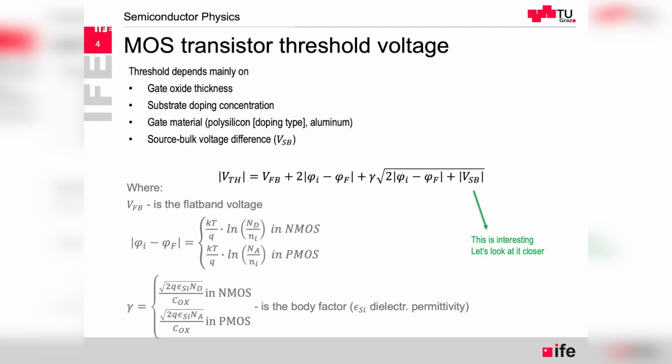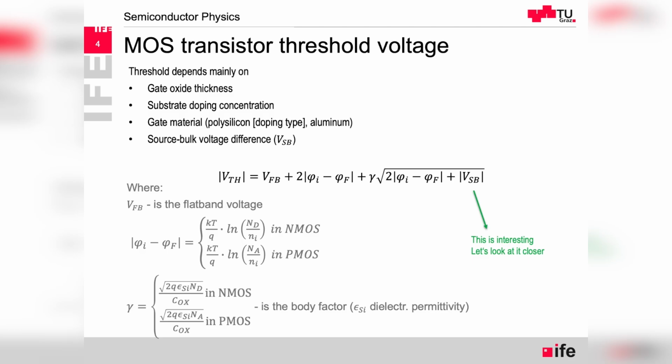So that's what we were comparing, the difference close to the surface and far in the bulk. So here we can see that this will be dependent on the doping level, whereas the flat band voltage depends on the material.